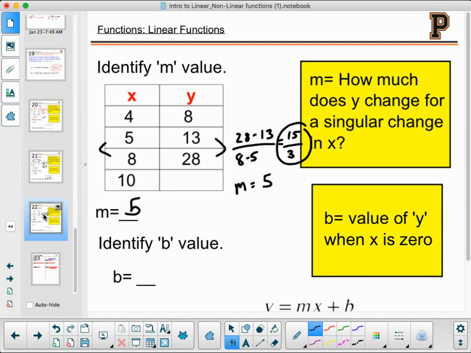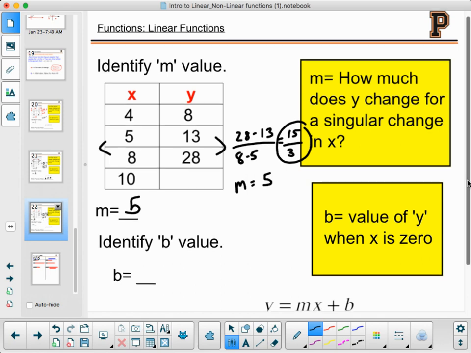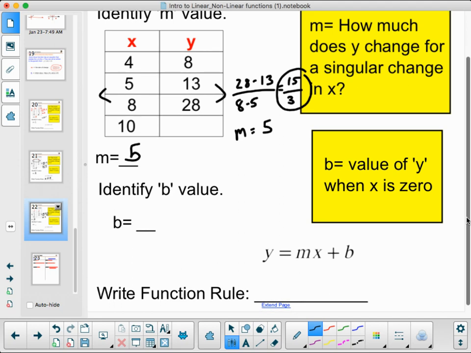All right. Now this one requires a little bit of algebra to figure out. You guys all try this in your head. If you take 5 times any of these x values, what do you have to then add or subtract to get to their y value? So I'm going to take 4. If I took 5 times 4, that gets me 20. To get from the number 20 to 8, I have to subtract 12 to make this work.